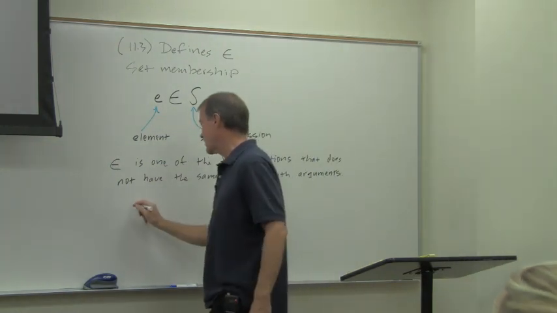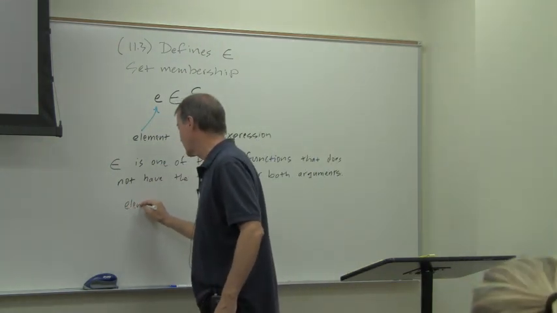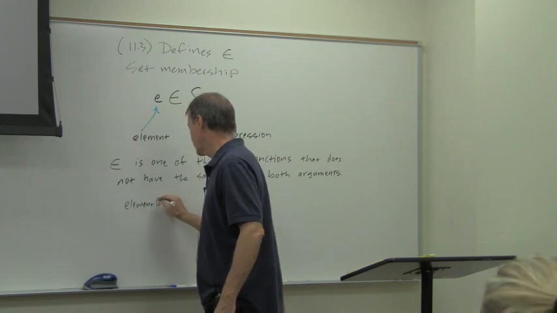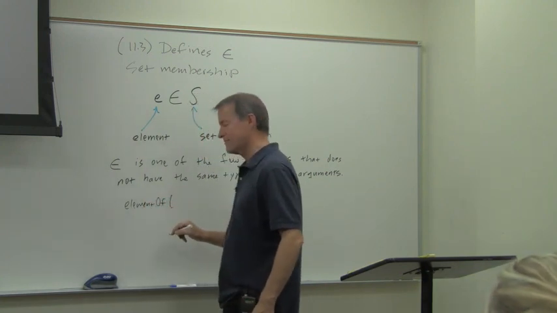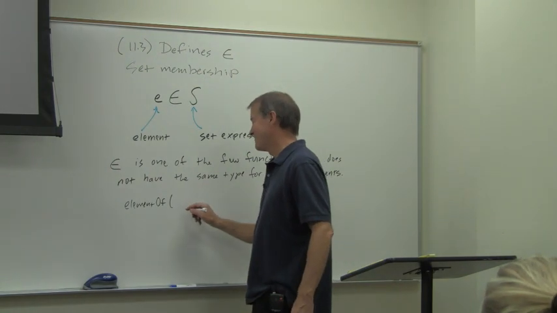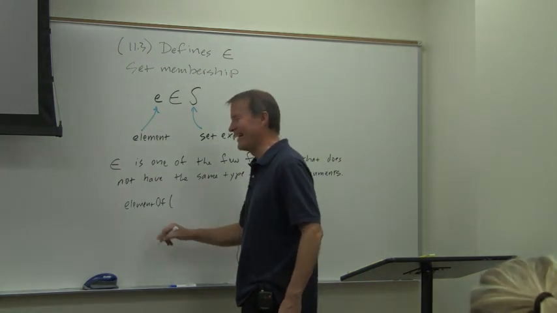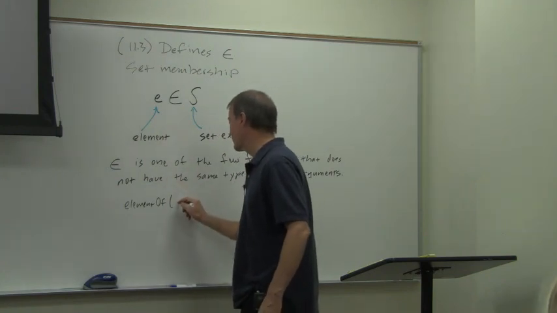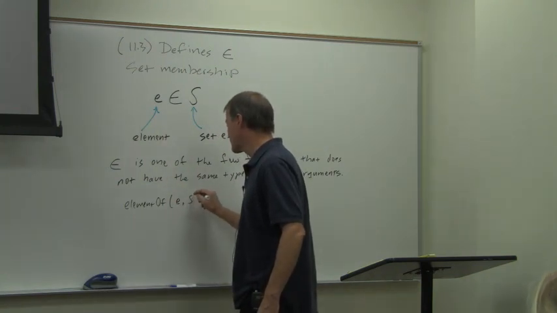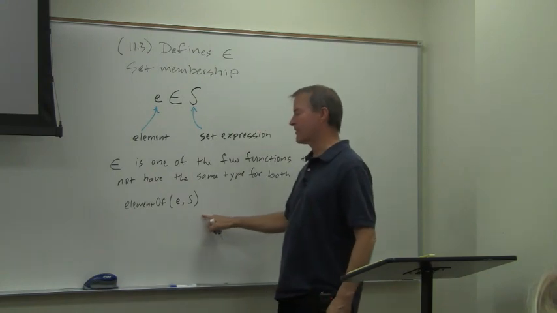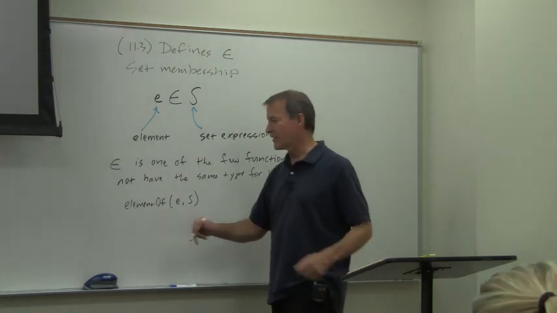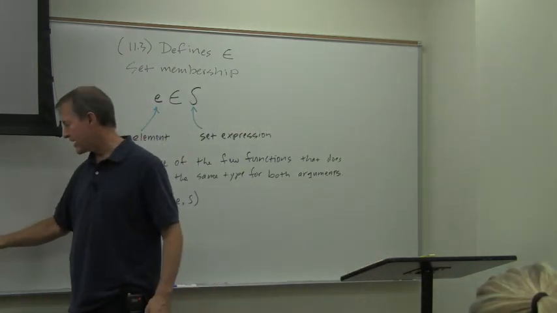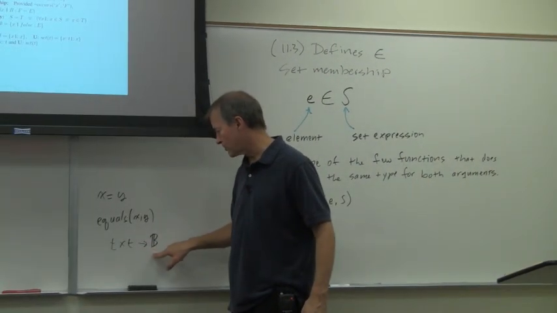So if we say element of E S, then what is the type of this, in the same way that equals has type T cross T arrow Boolean?